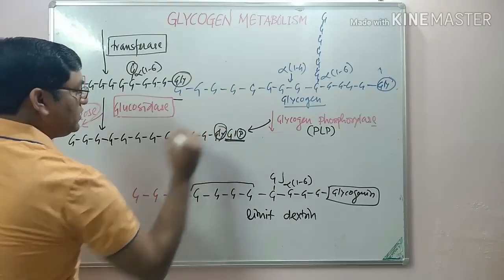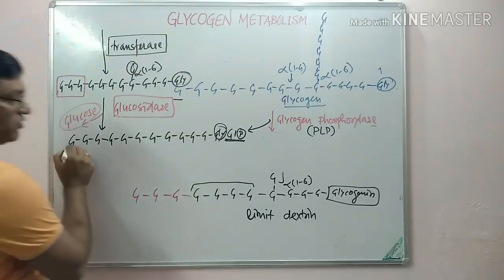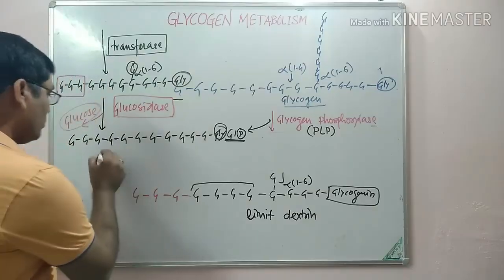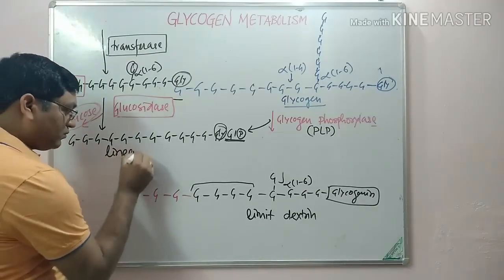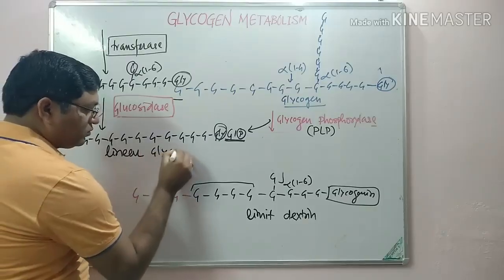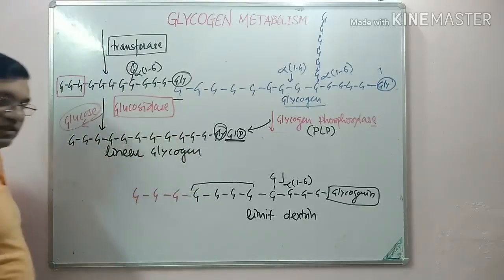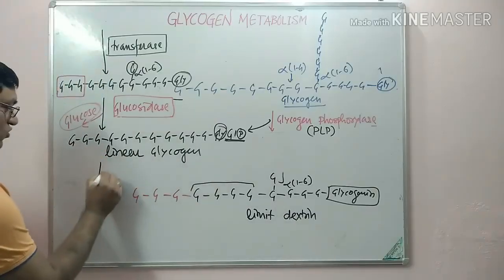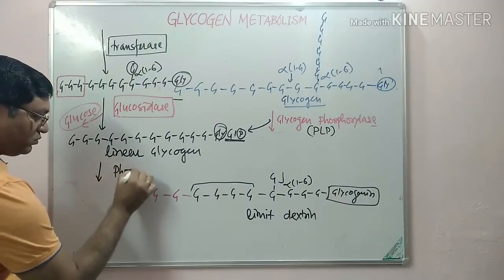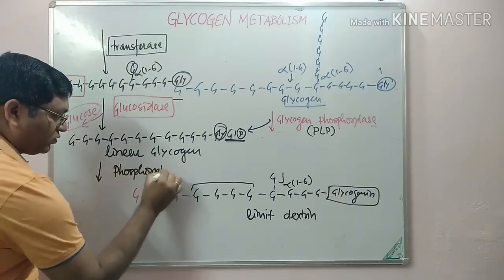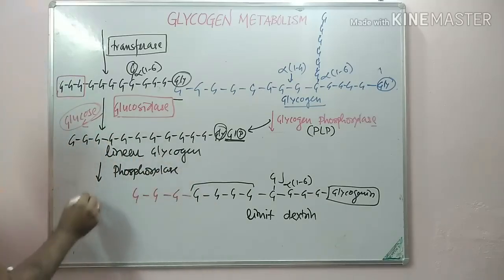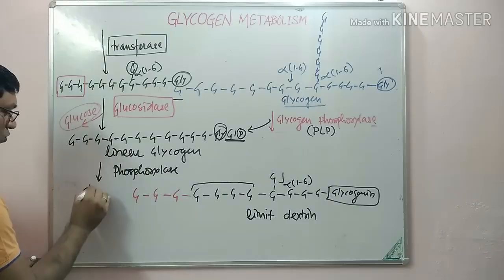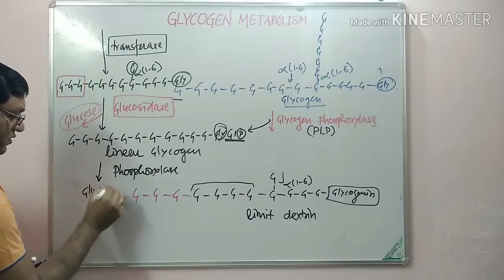This is glycogenin. So there is formation of linear glycogen. Then as it is a linear molecule, there is again action of glycogen phosphorylase, which removes the glucose in the form of glucose 1-phosphate, one by one.